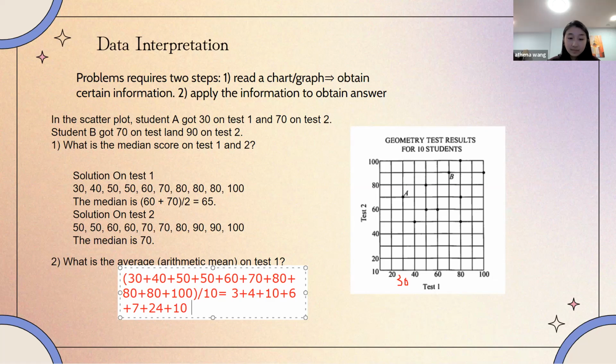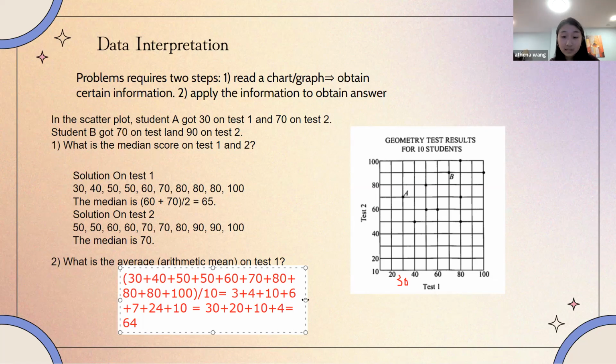Now we add this, and I like making groups of 10. I see the 24 and the 6, so I automatically know that's 30. I see two 10s, that gives me 20. I see the 3 and the 7, so that gives me a 10. And I have the last one, which is a 4. So this gets us 64. And that is our answer for the second one.